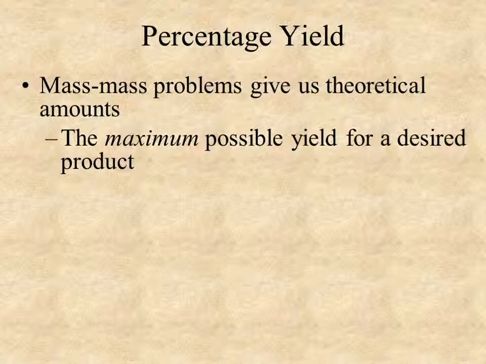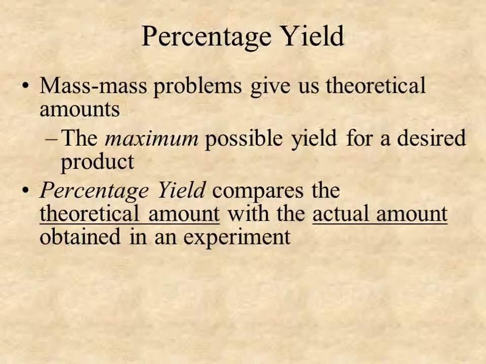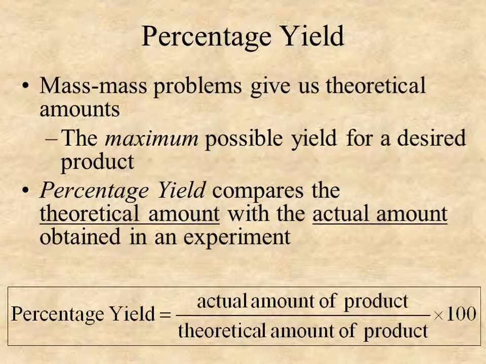This is what the mass stoichiometry problem gives us. The percentage yield then is going to compare that theoretical amount with the actual amount that is obtained in a given experiment. And so in equation form, percentage yield would be the actual amount or the experimental amount of product divided by the theoretical amount, times 100.